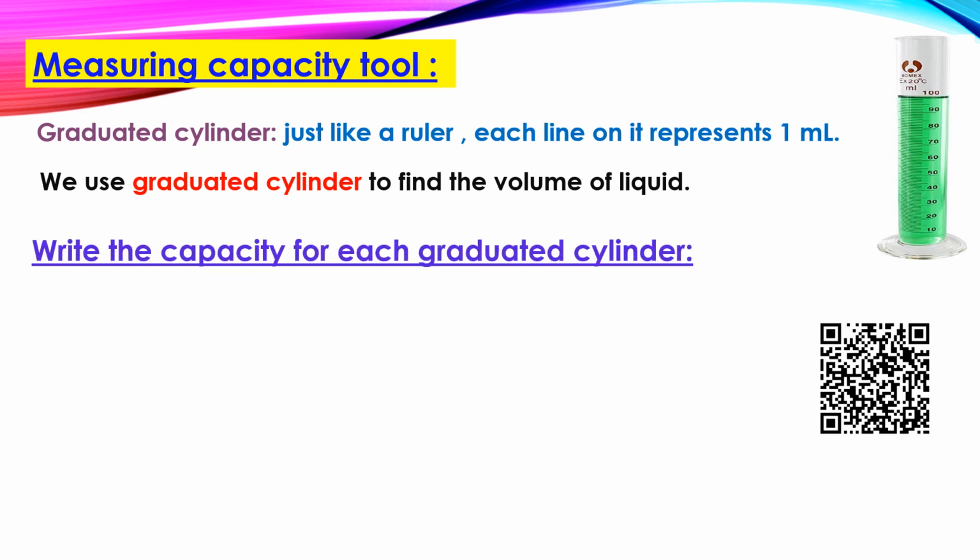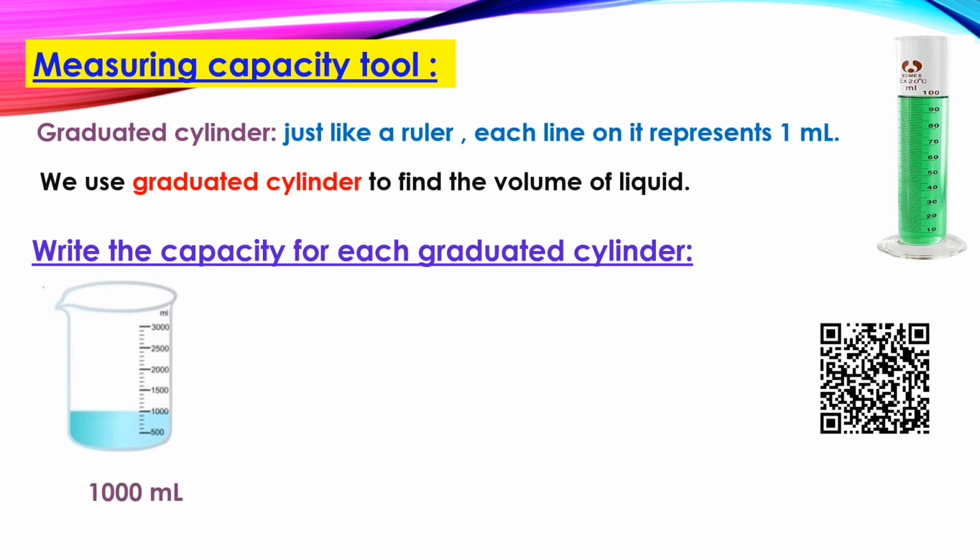For example, here, write the capacity of each of the following. Here we have a container and it has a liquid. We wanted to know the volume of this liquid, or the capacity of this liquid. Here, the end of this liquid is at which number?